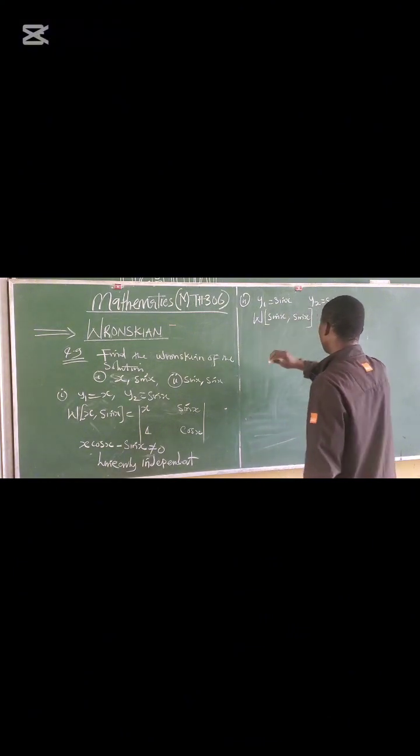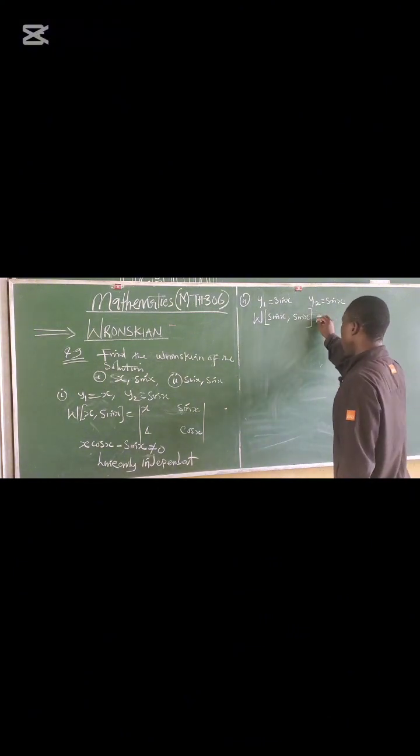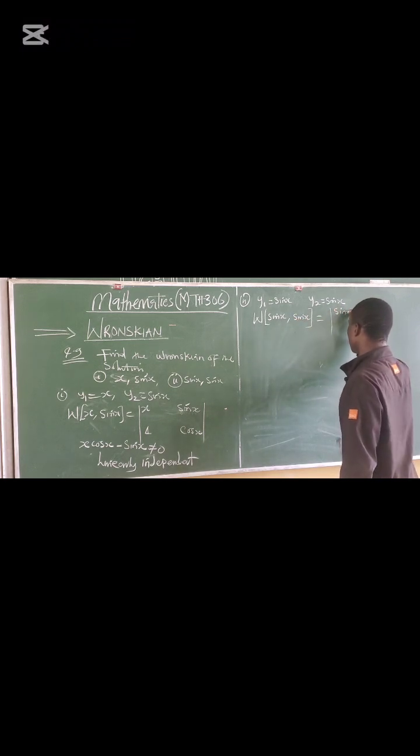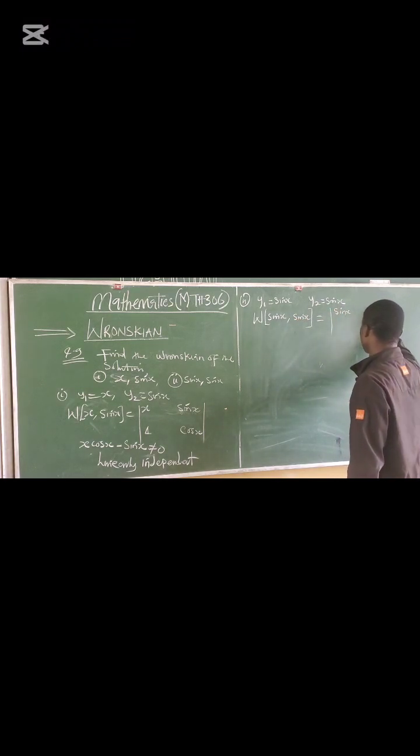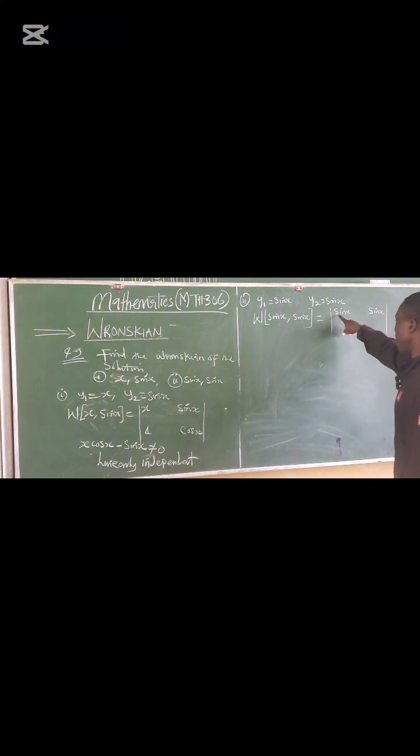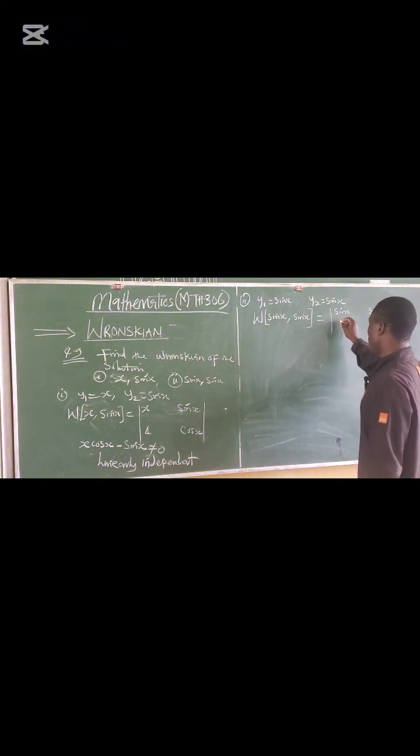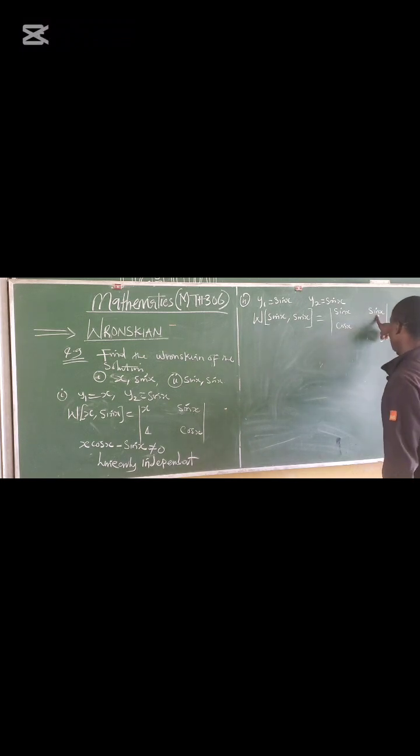So I'm going to form a determinant of this. If I form a determinant of this, I'm going to have sin x and sin x. So I'm going to differentiate sin x. If I differentiate sin x once, I'll have cos x.